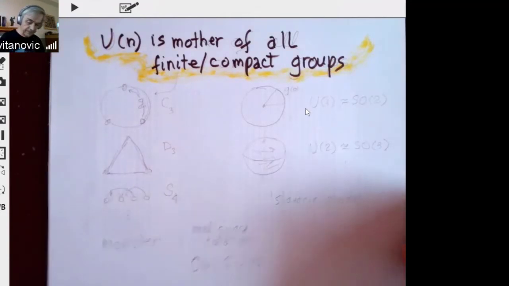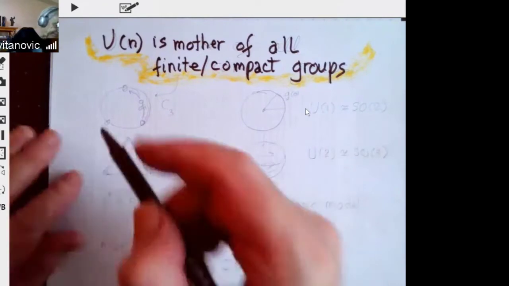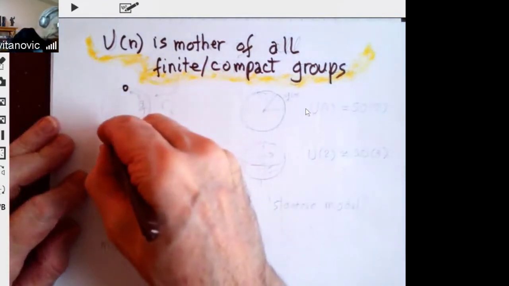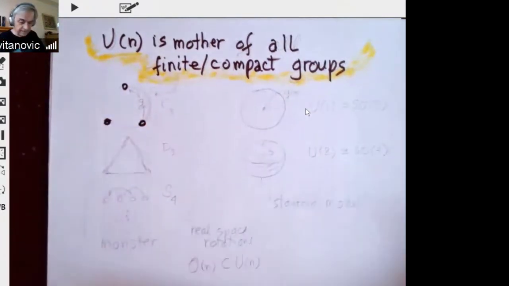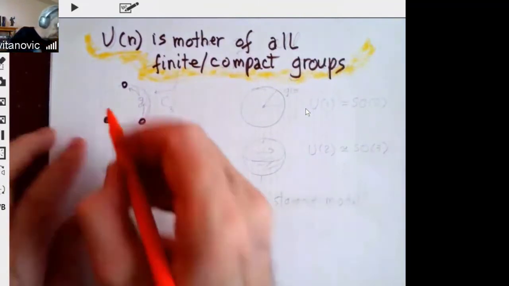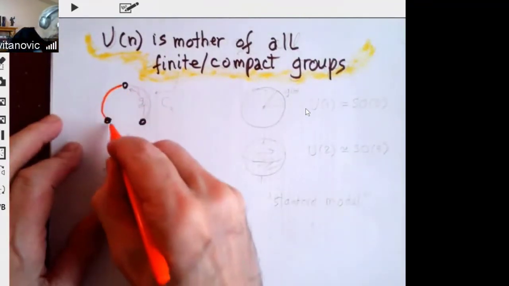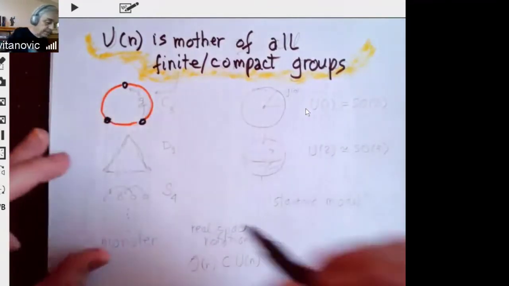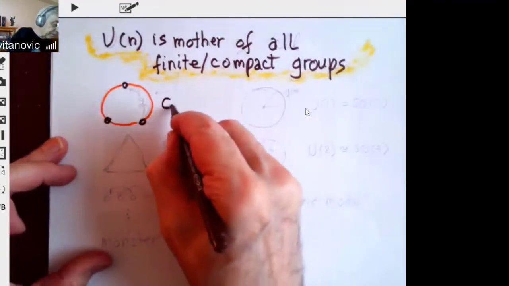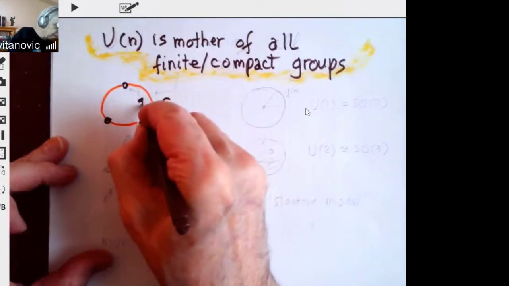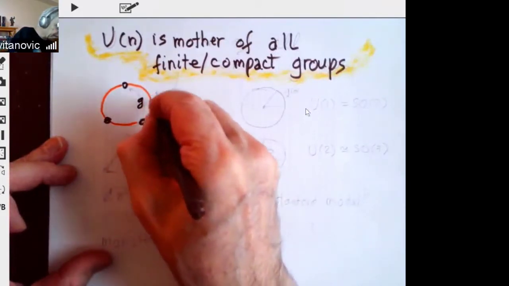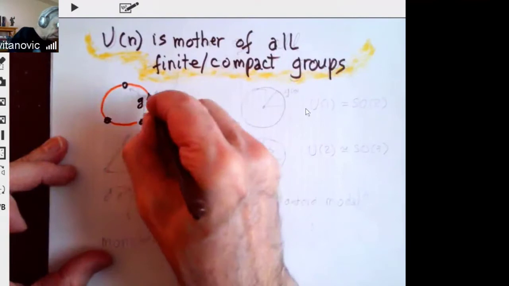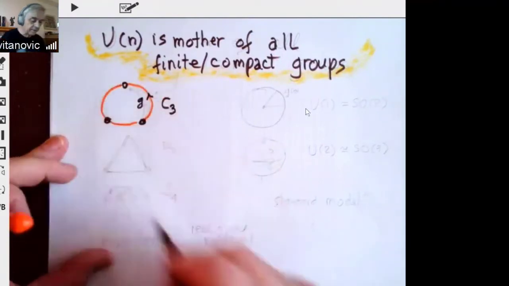So we learned it for things like 3 things on a circle. That was called the cyclic group with 3 elements, and the elements did things like that. They sent everybody by 1 notch around.